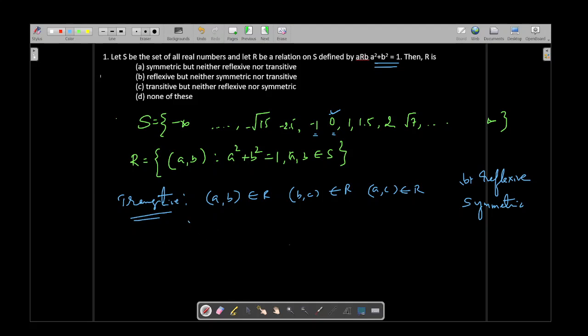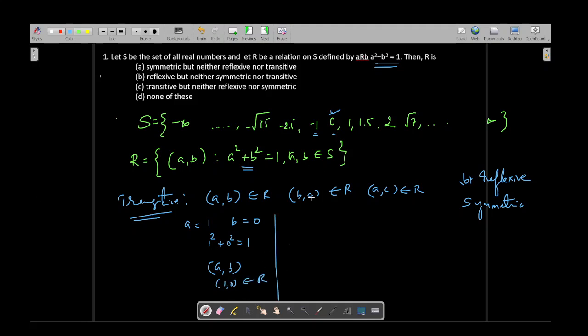Let us take a equal to 1 and b equal to 0. This satisfies the condition because 1 square plus 0 square is 1. So a comma b, or 1 comma 0, is a member of R.